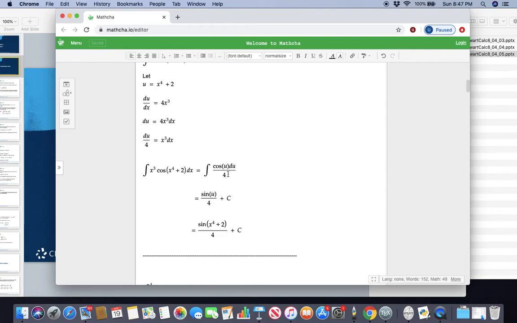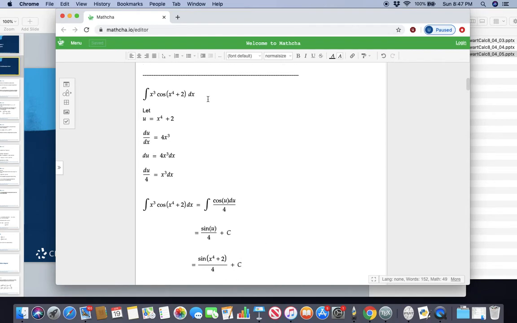Over 4 is just a constant; either multiply or divide, it continues. Plus c. The question was in terms of x, so you need to replace u by x: sine of x to the 4th plus 2, over 4, plus c. Alright, so this was a much more straightforward integration once you detected the expression that needs to be your substitute variable.